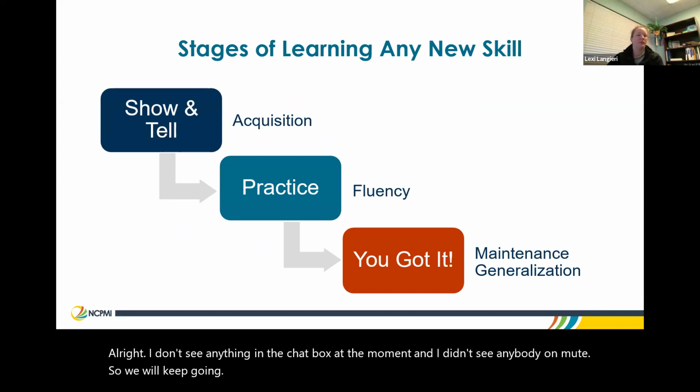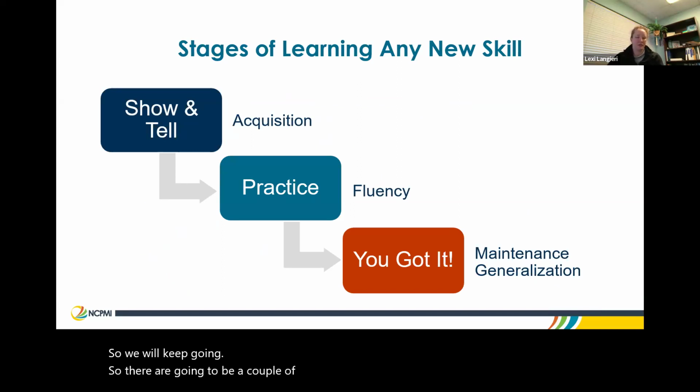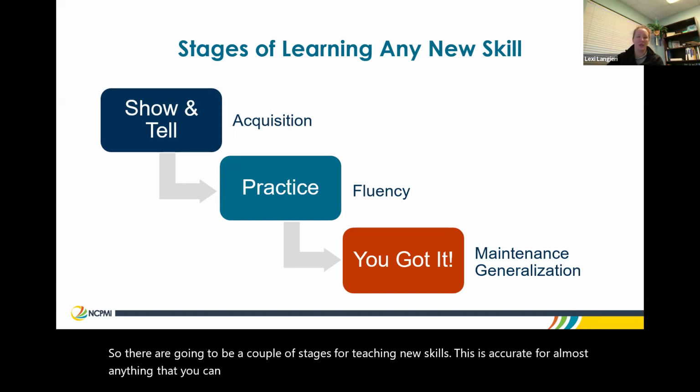So there are going to be a couple of stages for teaching new skills. This is accurate for almost anything that you can teach somebody. We're going to walk through these real quick.